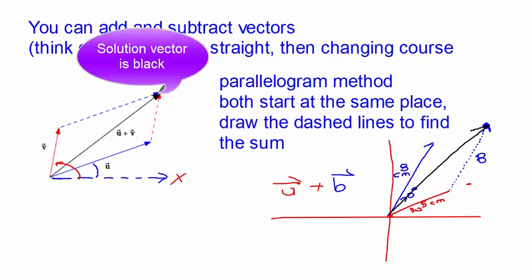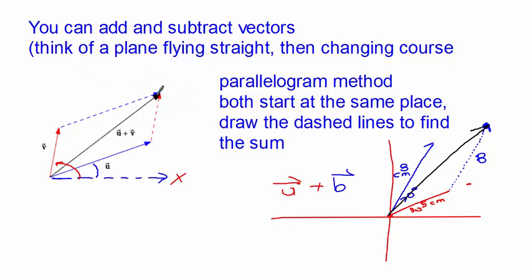That would be addition. I could have also gone red first and then blue, and I'm going to land in the same place. Addition doesn't matter what order we do things in.